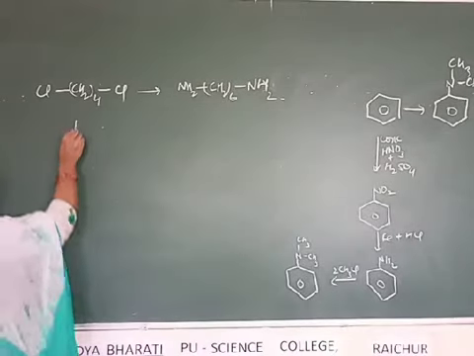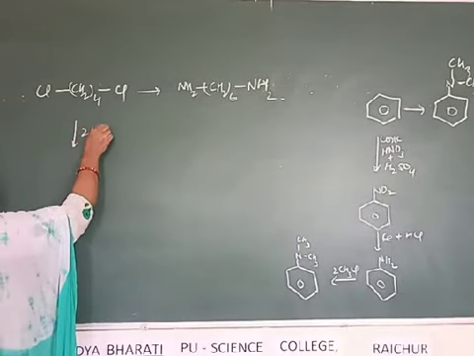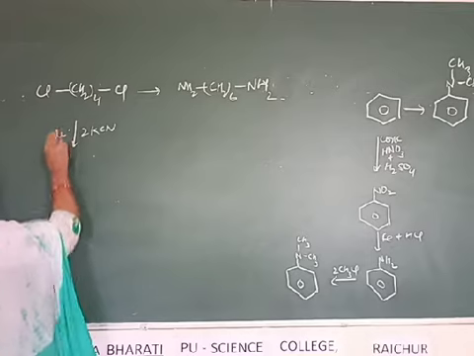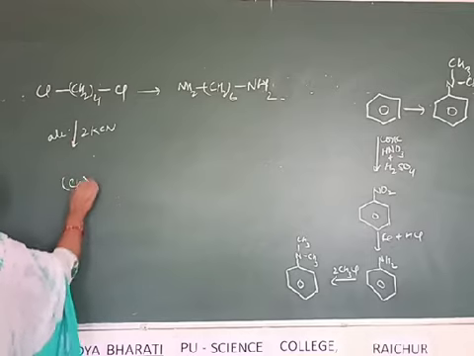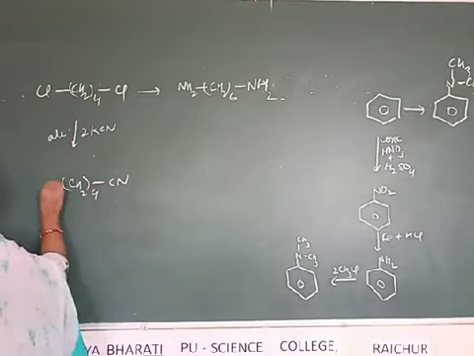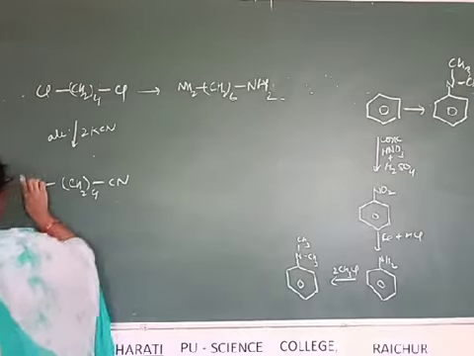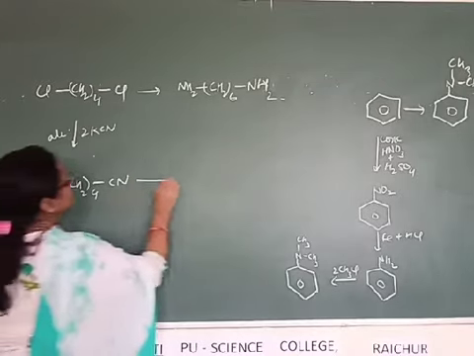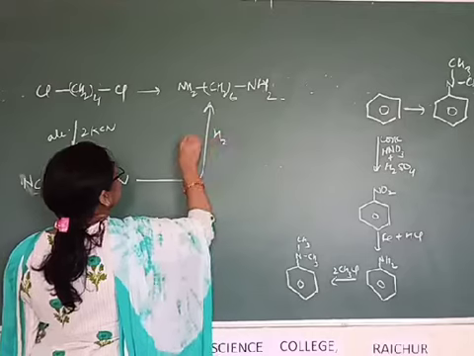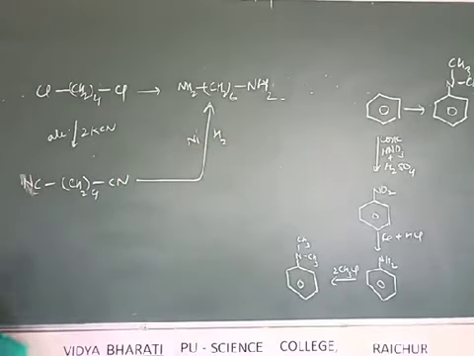Means 2 carbons you have to increase. So treat it with 2 moles of alcoholic KCN. So you have CN group on both sides. Reduce. You will get hexane-1,6-diamine.